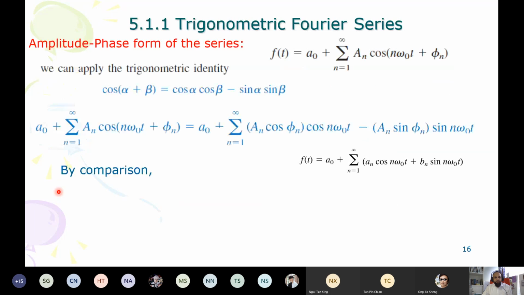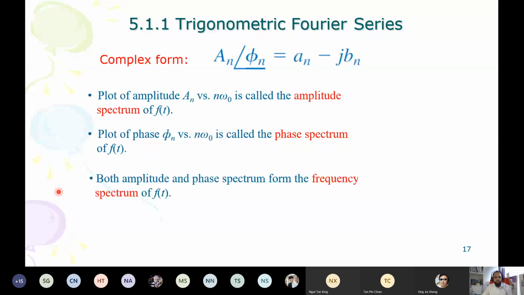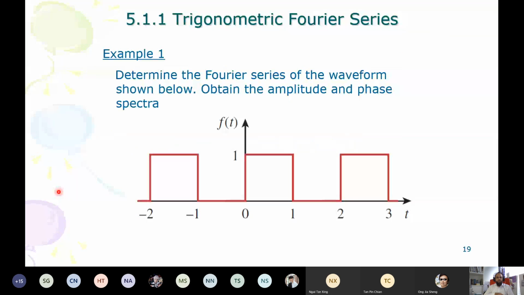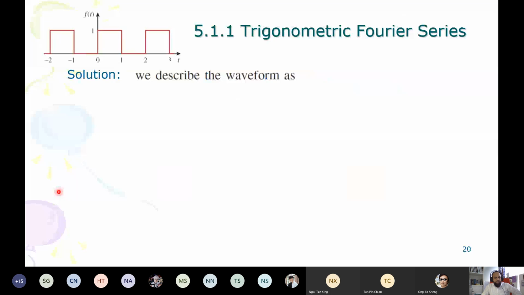All right, we were doing this question. The first step is to describe the waveform in terms of some function of time. We know that from 0 to 1 it's 1, and from 1 to 2 it's 0.